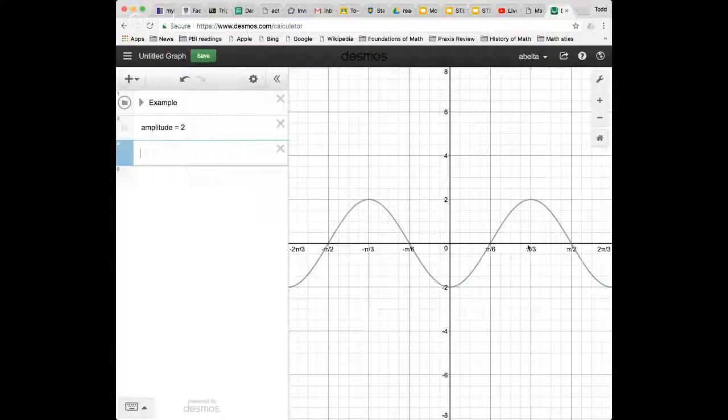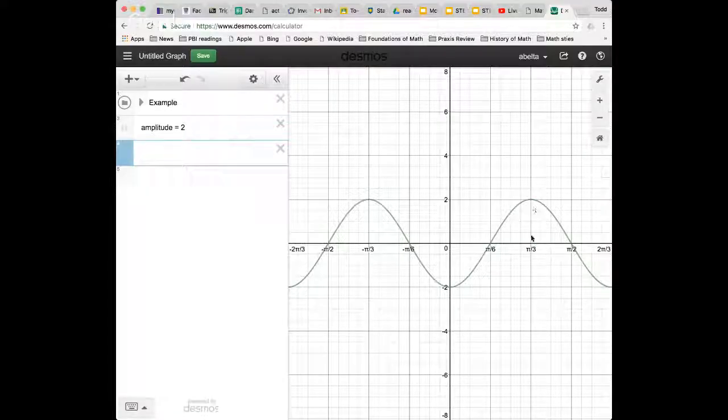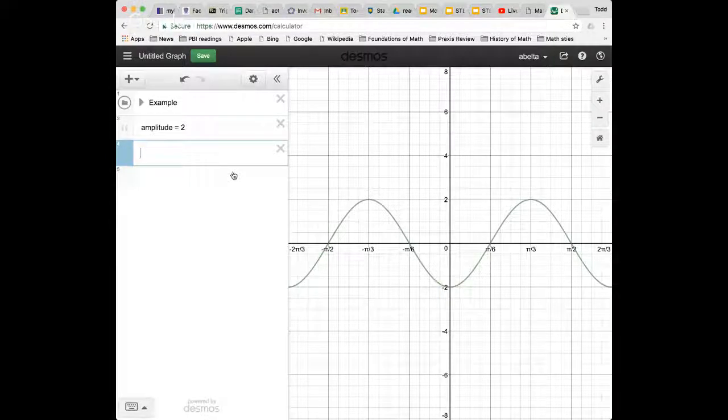Our amplitude goes from the midline to the max, and the midline to the bottom. That's kind of our wave height. That's not going to help us a lot here because the amplitude for all of these is 2. So what else can you tell me?